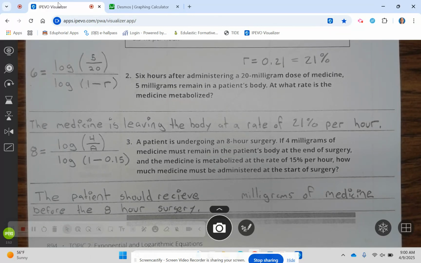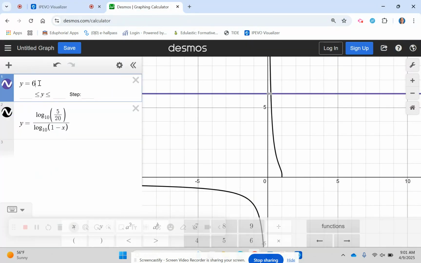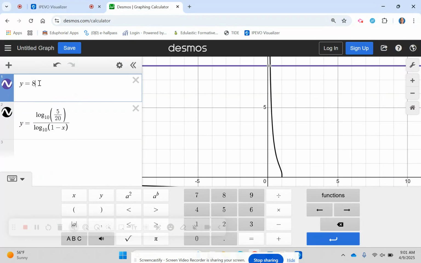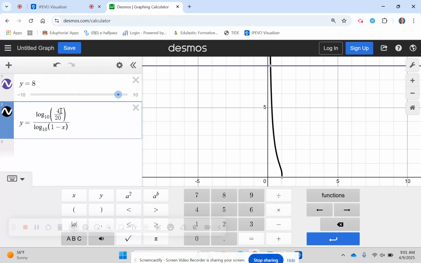Three, a patient is undergoing an 8-hour surgery. If 4 milligrams of medicine must remain in the patient's body at the end of the surgery, and the medicine metabolizes at a rate of 15% per hour, how much medicine must be administered at the start of the surgery? Okay, so we need to graph y equals 8. And we're going to change this to 4 divided by x, and 1 minus 0.15.